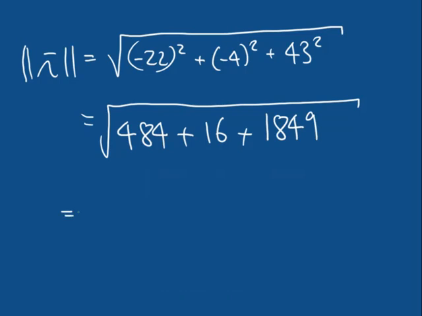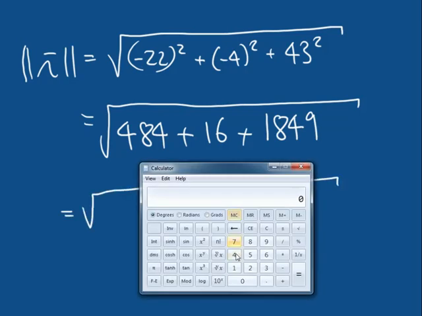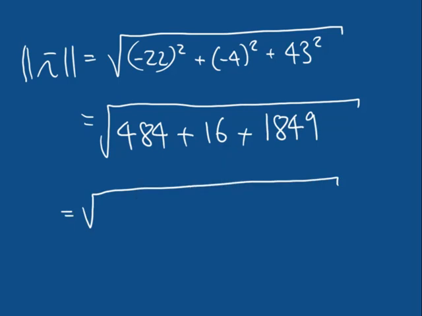So 484 plus 16 plus 1,849 is equal to the square root of 2,349.